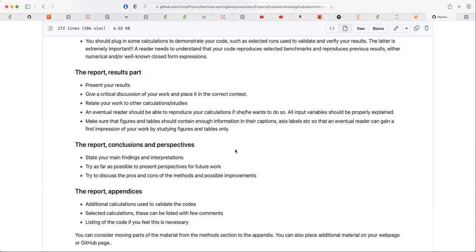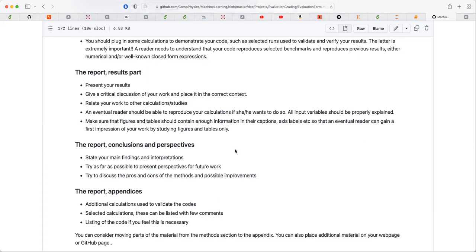If the things are not well presented, we do also subtract points. We don't want you to write messy reports. So figures should have labels on the axis telling what they are, and they should have a caption. So if you write a good report, the reader can actually get most of the main results by just looking at the figures and tables and reading the figure captions.